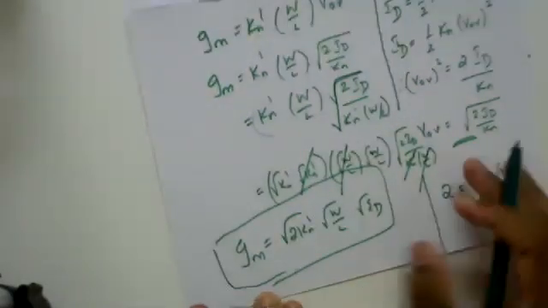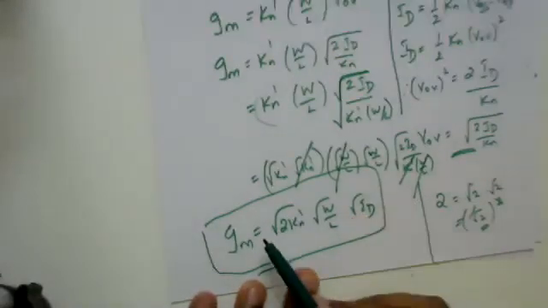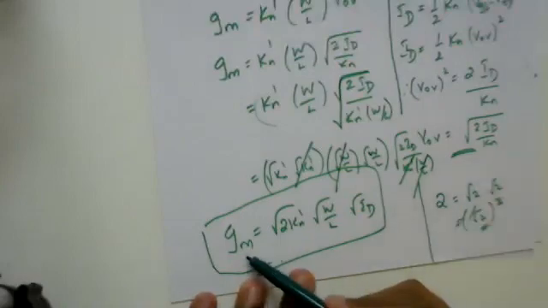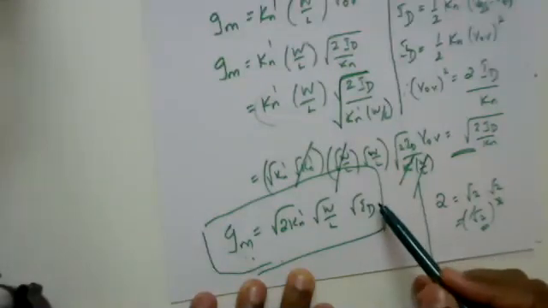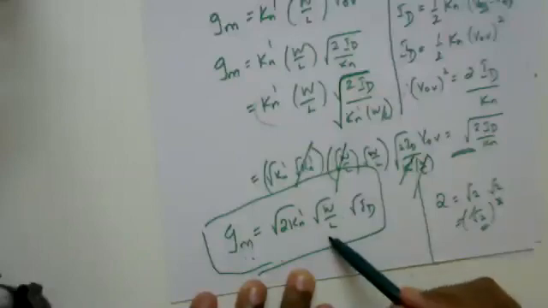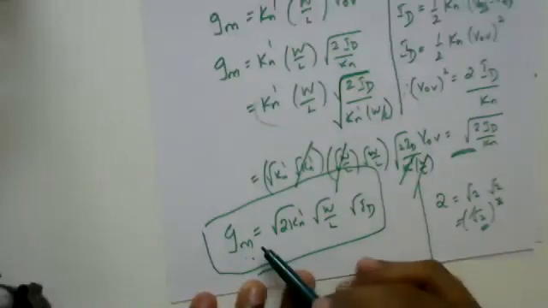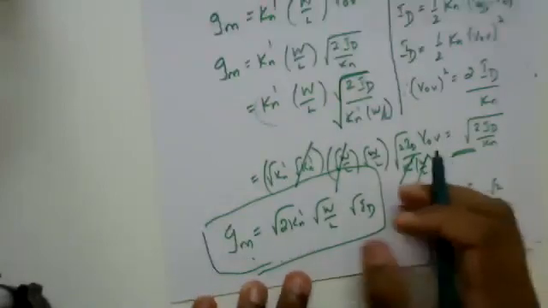What does this expression tell you? It says that the transconductance is directly proportional to the square root of the DC bias current. It is directly proportional to the square root of the aspect ratio, and also directly proportional to this constant Kn.